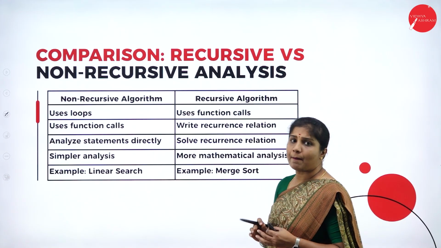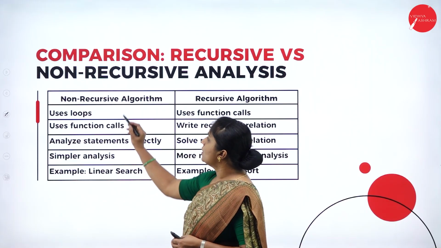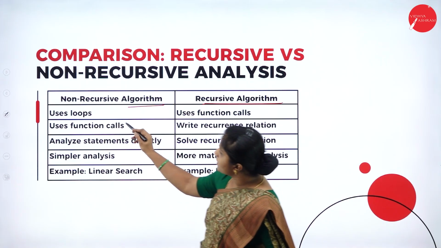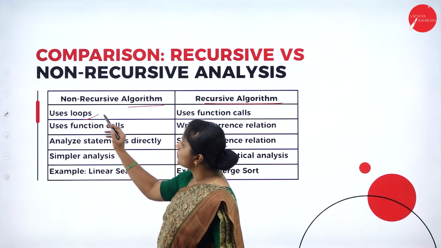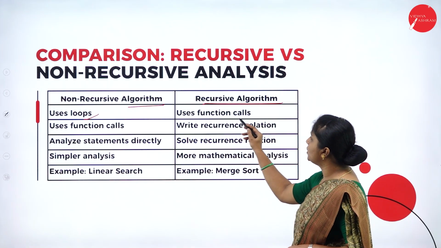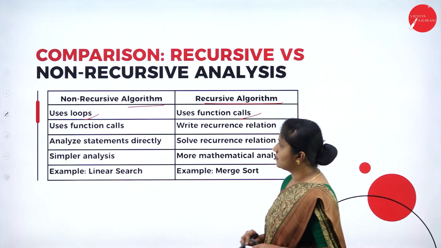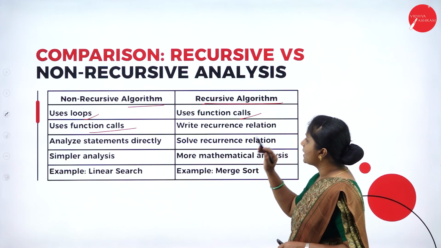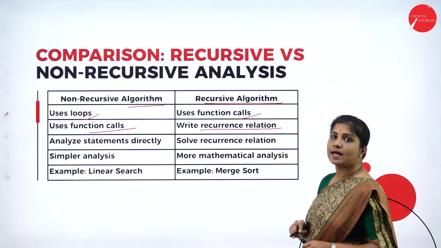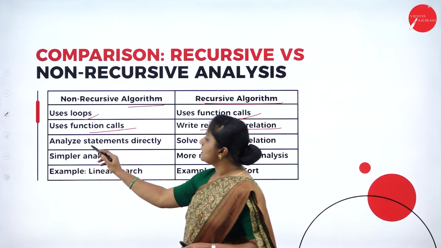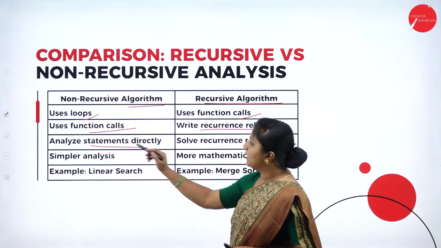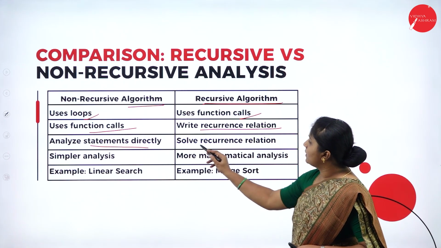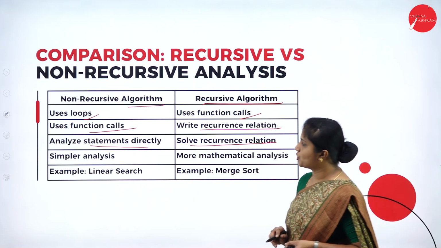Next, we look into the comparison between non-recursive and recursive algorithms. A non-recursive algorithm uses loops, whereas a recursive algorithm uses function calls, so for the recursive one we write a recurrence relation for that function. A non-recursive algorithm analyzes the statements directly, whereas a recursive algorithm is analyzed by solving the recurrence relation.